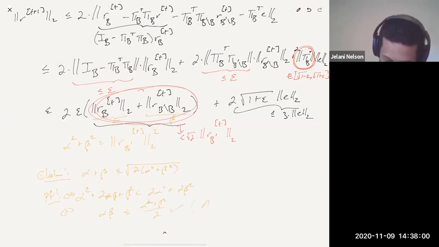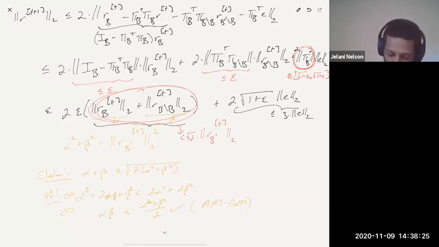But this is true by the AM-GM inequality. The arithmetic mean is at least the geometric mean. So the arithmetic mean between a squared and b squared is at least the geometric mean between a squared and b squared, which is AB or alpha beta.